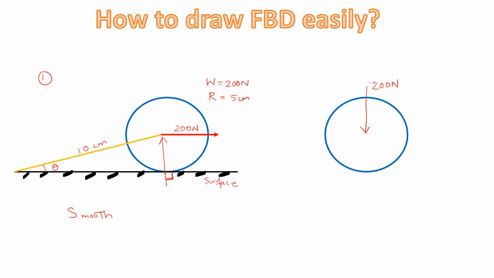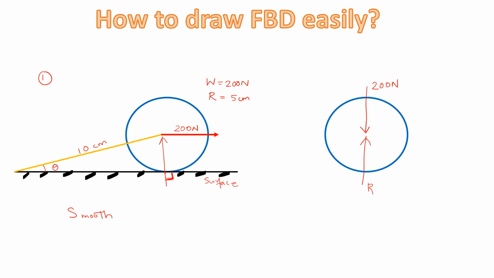The reaction will always be developed perpendicular to the surface we are considering. So we can draw that reaction in this free body diagram as well. It will be like this. Once we draw any force, we need to give proper naming. The direction and naming of the forces is very important. So let's take the reaction as R in this free body diagram.